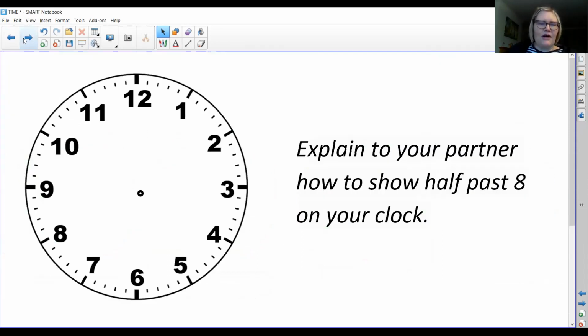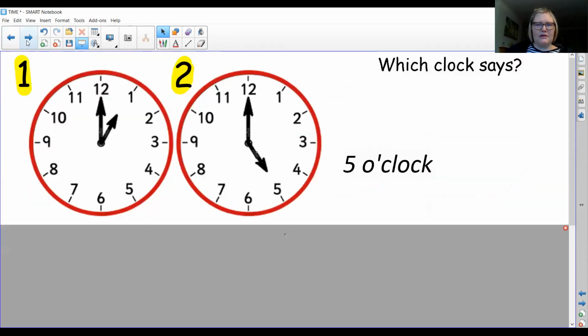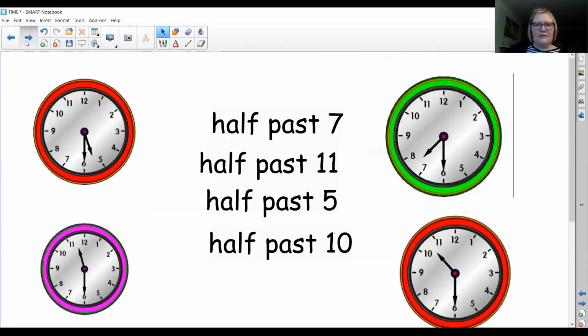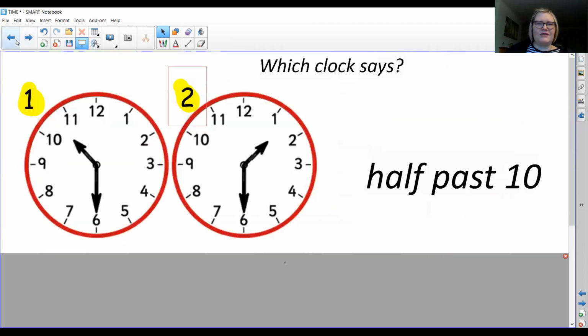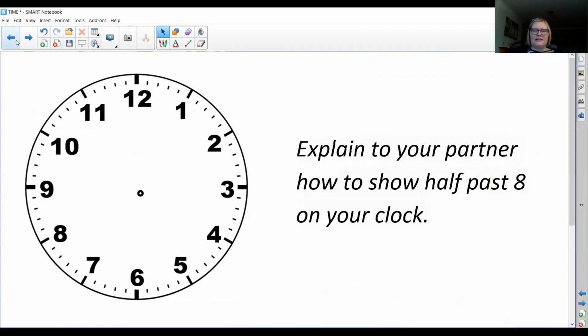So I want you to use your own clocks again. And what I want you to do is pause the video and practice making some half past times. I haven't got any on the screen, but what I want you to do is just to practice making some half past times.